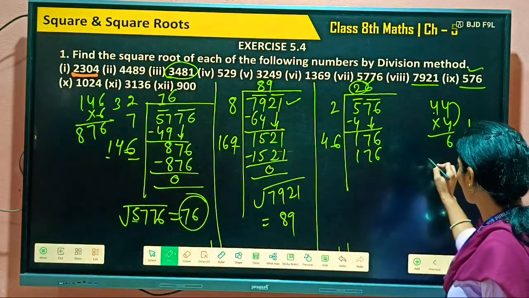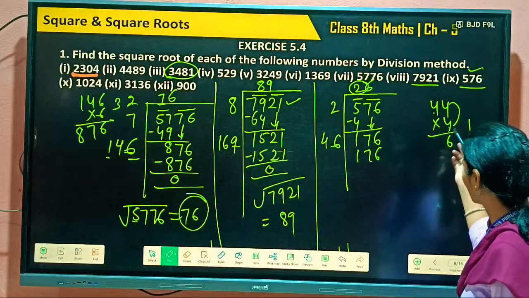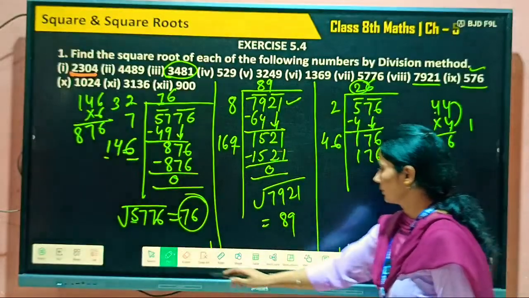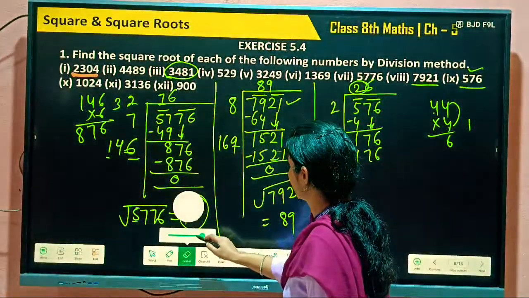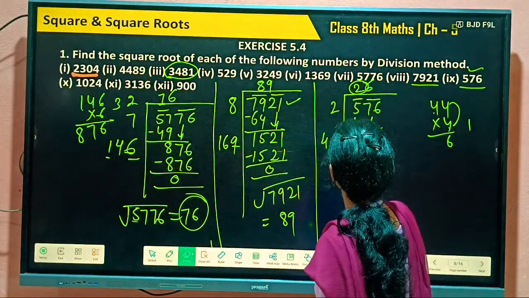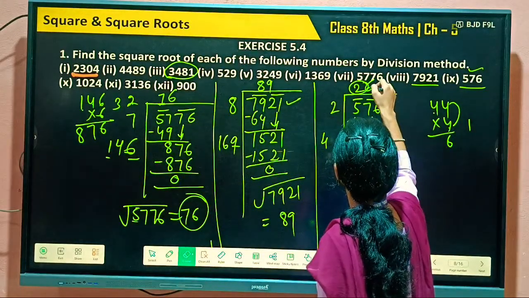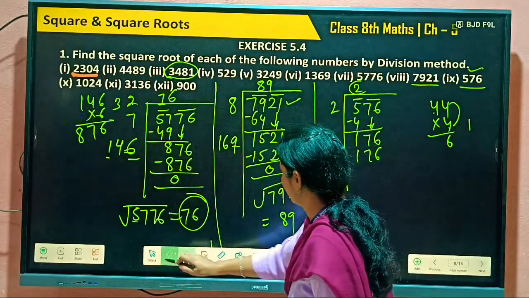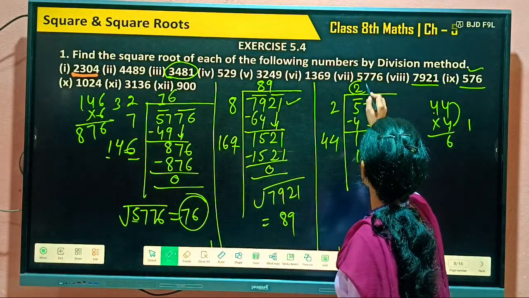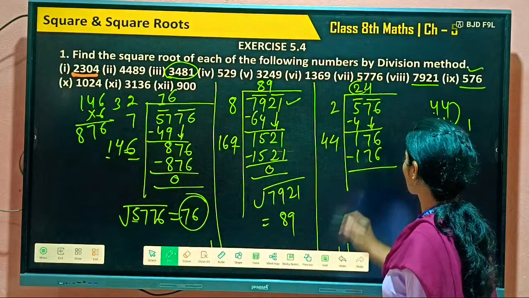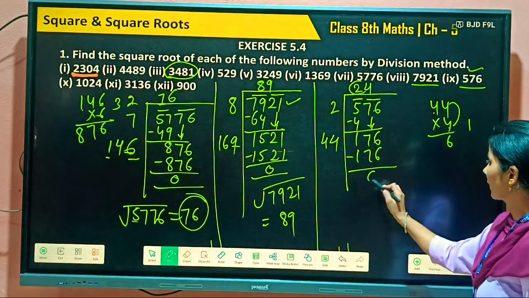So multiplication of 4. It is 4. And there also 4. And multiplication is 176. Remainder is 0.